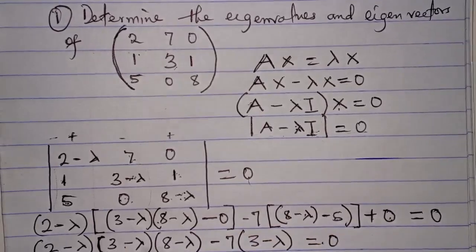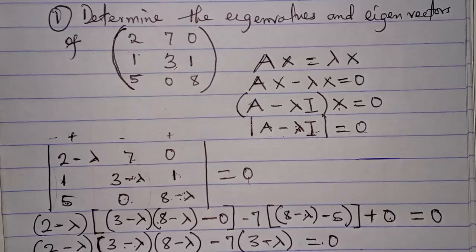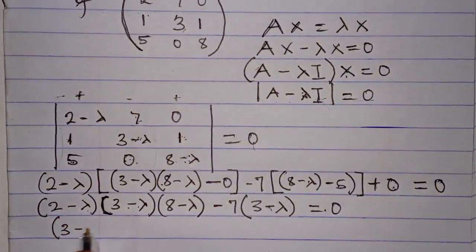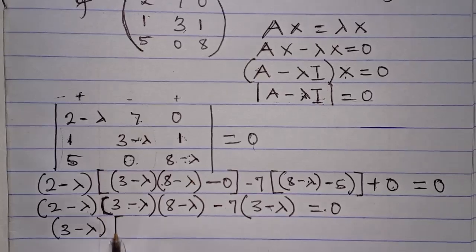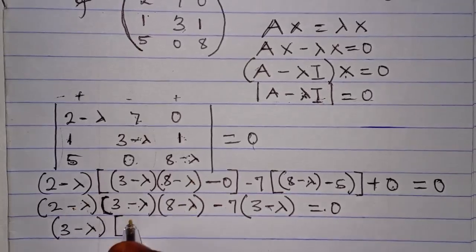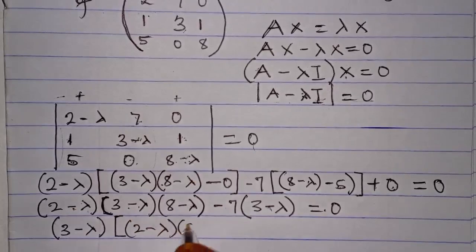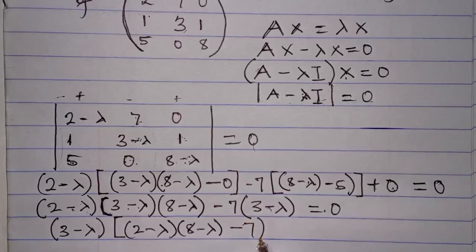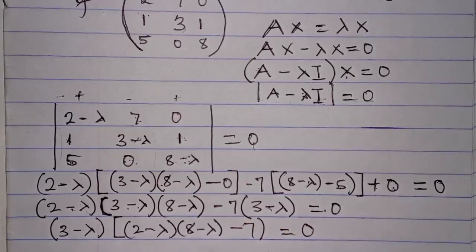I can see 3 minus lambda common to these two terms at the left hand side. So I can bring it out. I'll have 3 minus lambda. This is left: (2 minus lambda)(8 minus lambda), all right? Then minus 7 is left here, equal to 0.